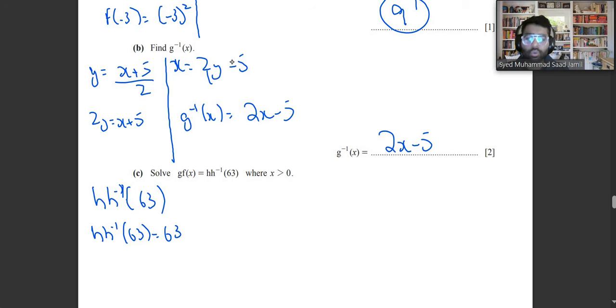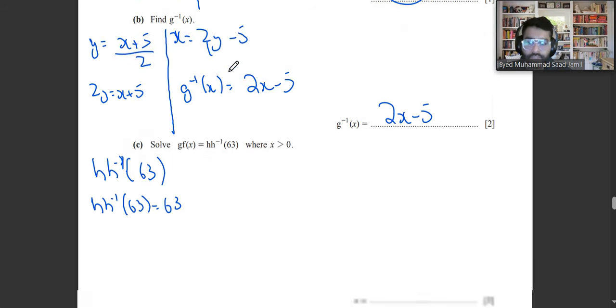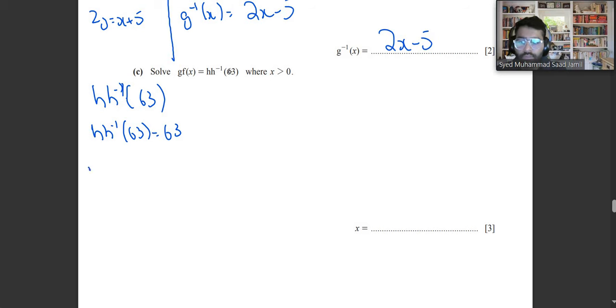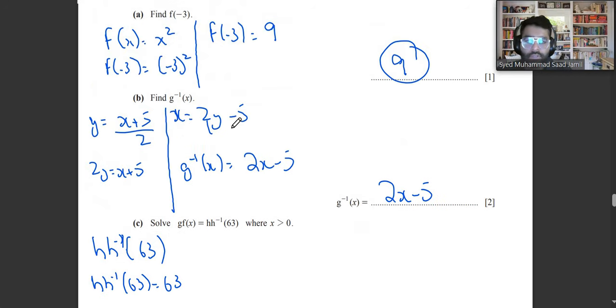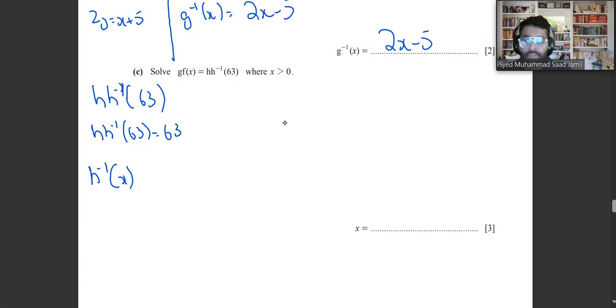But if you guys don't get this method, we have a longer method as well in which you do this. First of all, find h inverse x. So h inverse x would be found from y is equal to 7x minus 3. 7x is equal to y plus 3. x is equal to y plus 3 upon 7.